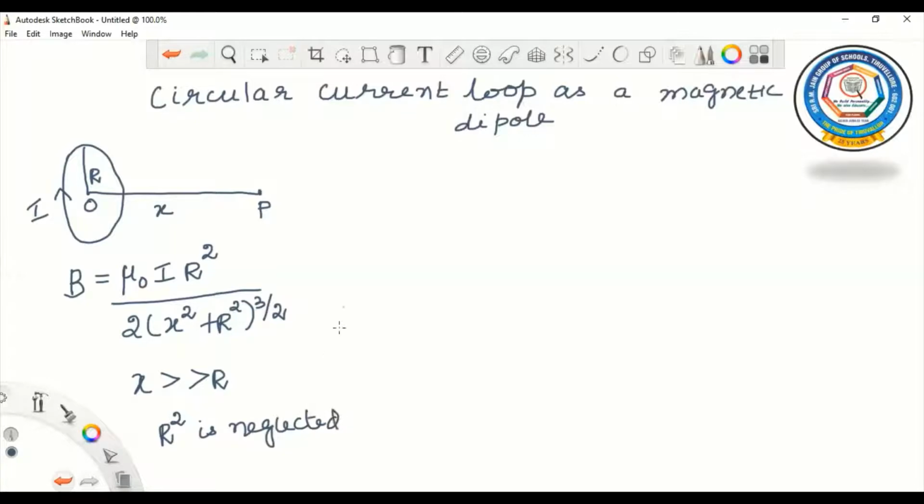If you neglect this term, what will you get here, children? B is equal to mu naught I R square divided by 2 x square the whole power 3 by 2. So this 2 and 2 get cancelled.